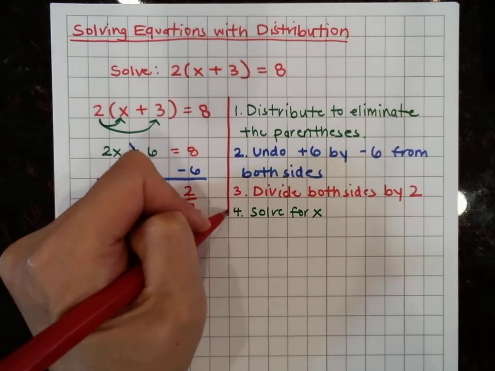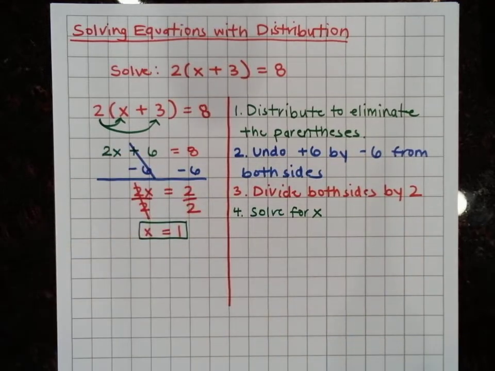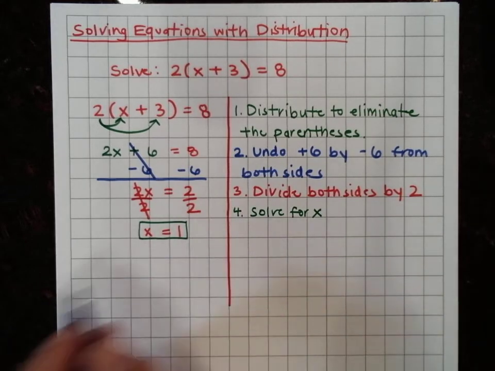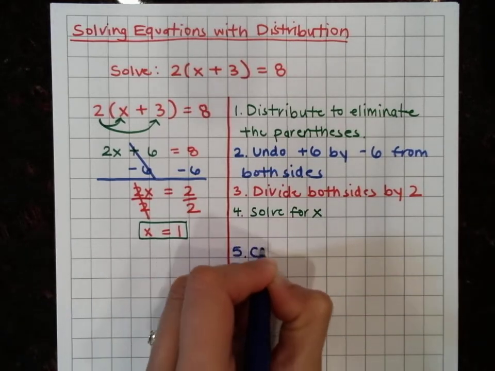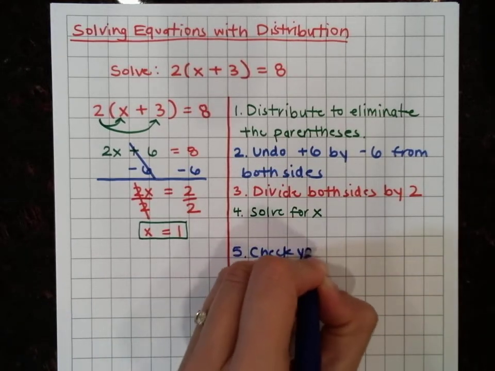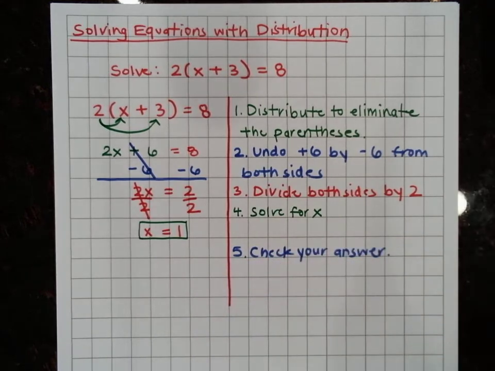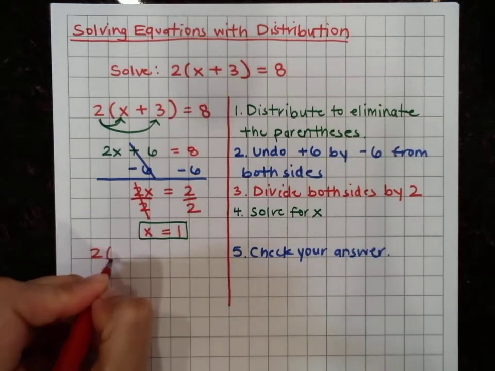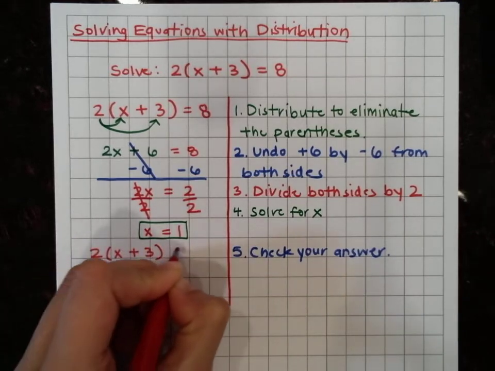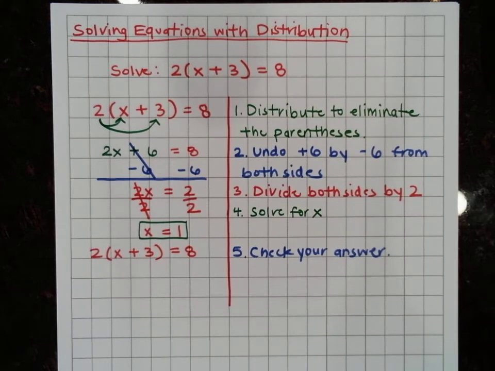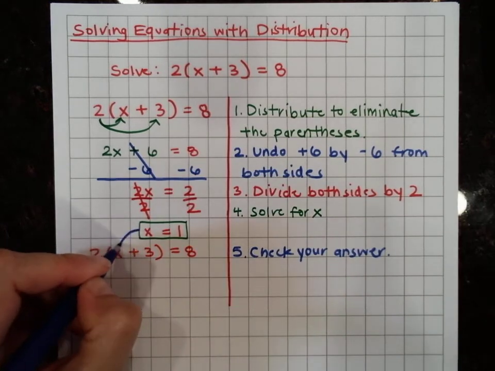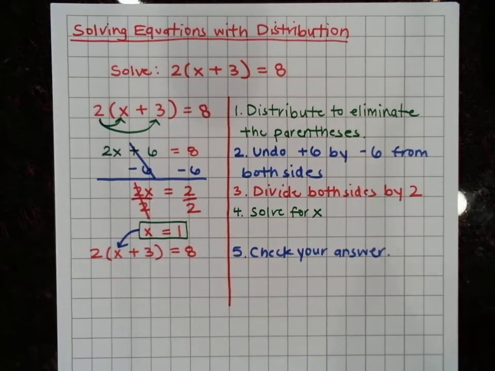And we're almost done. Our last step is to check your answer. So we have 2 times (x + 3) equals 8. We're going to take our answer, x equals 1, and substitute it in.